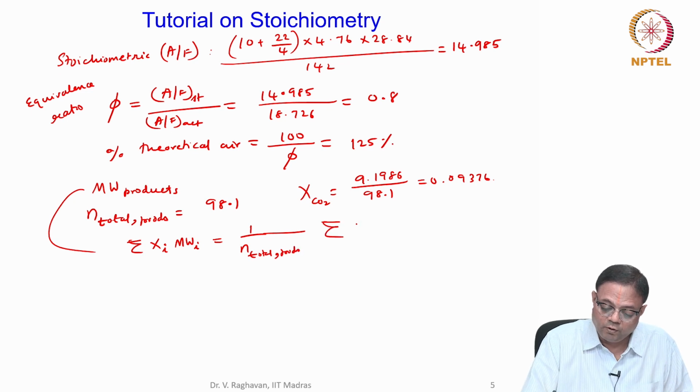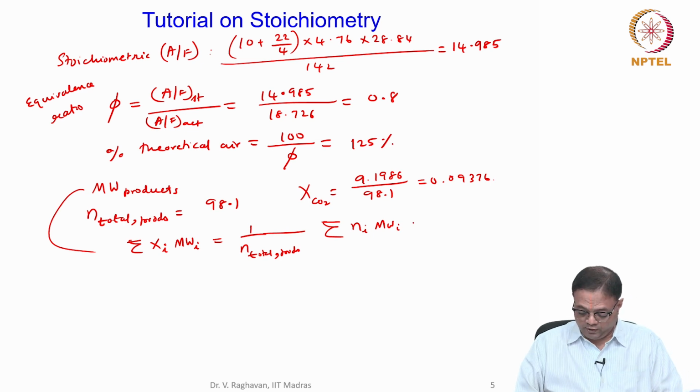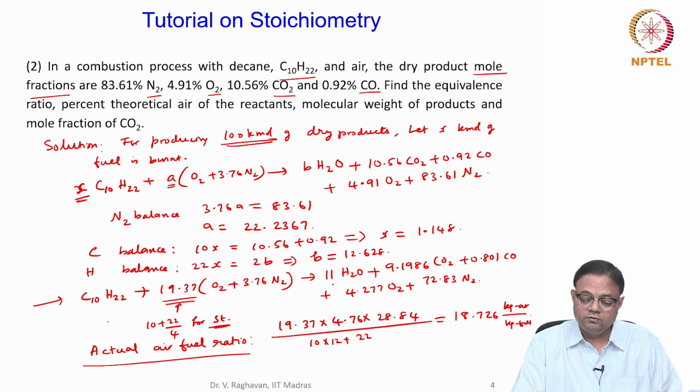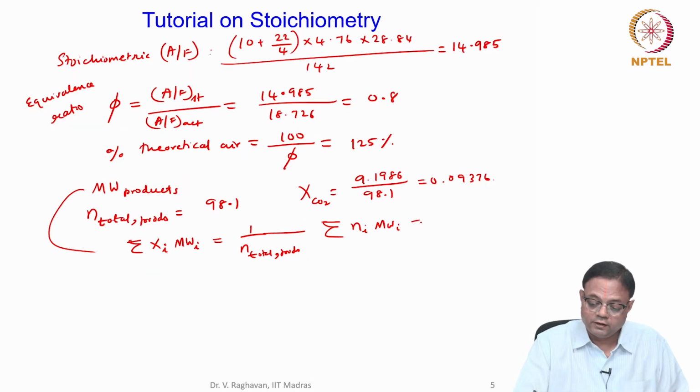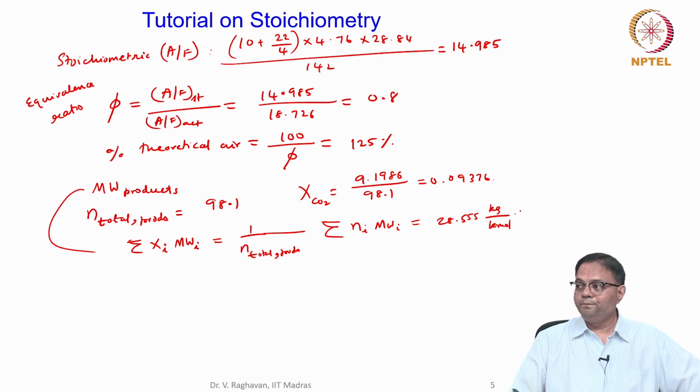into sigma ni times the molecular weight of i. So the number of moles you can see here: 11 into 18, 9.1986 into 44. Like that, if you substitute, then you will get the value as 28.555 kg per kilomole.